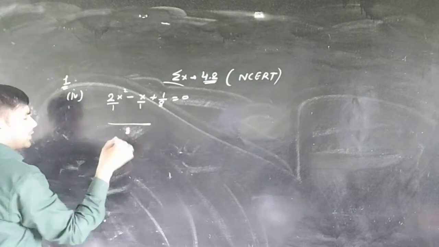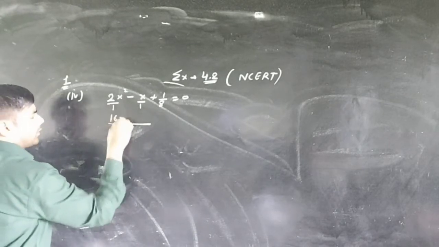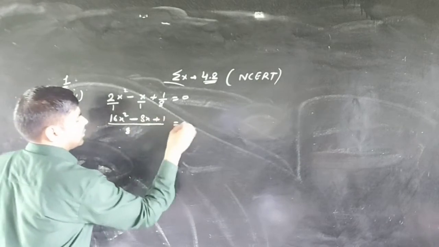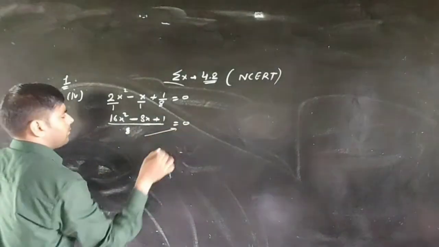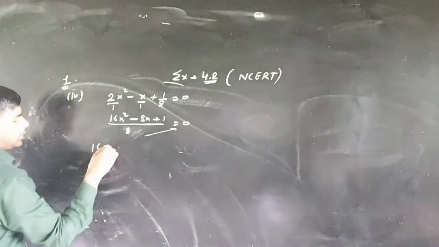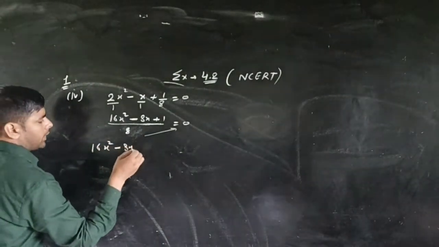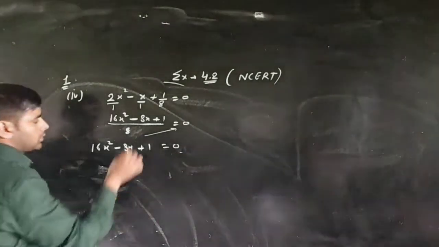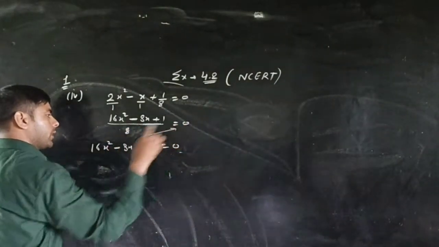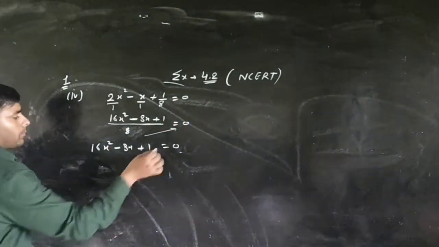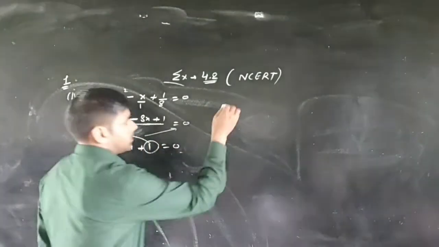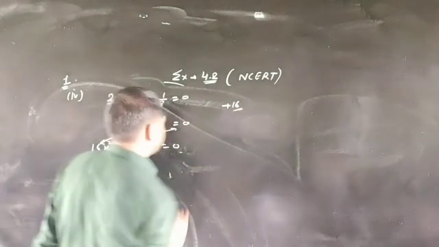Multiplying through by 8, we get 16x square minus 8x plus 1 is equal to 0. Multiplying 1 into 16 gives 16.